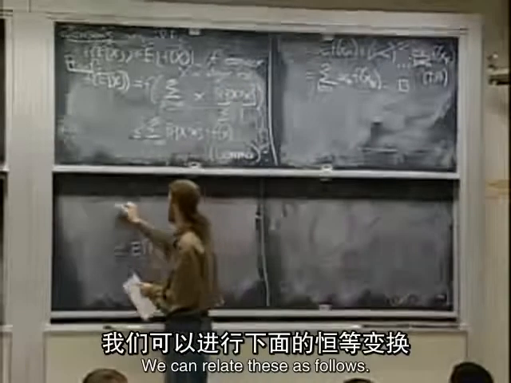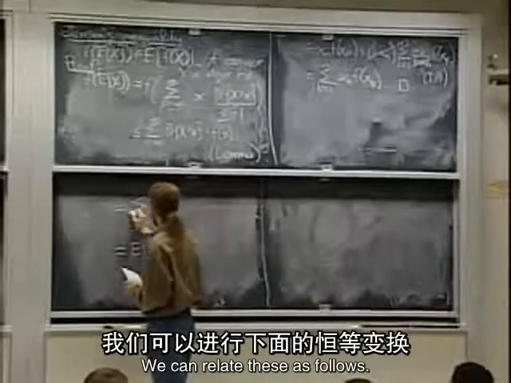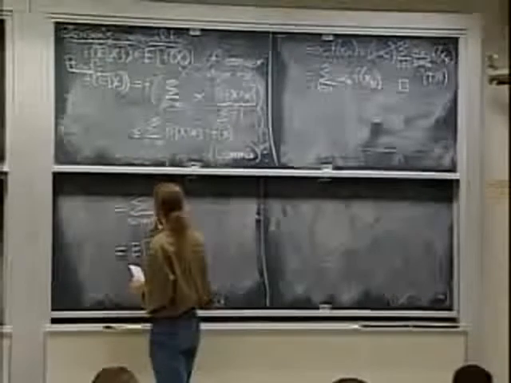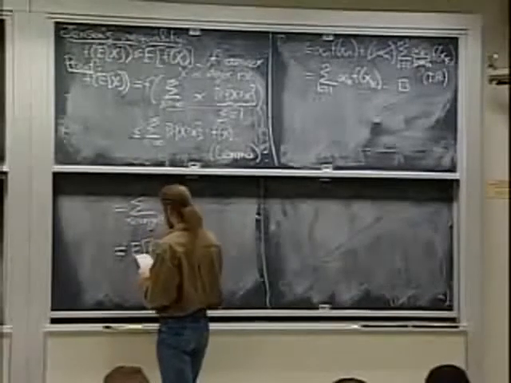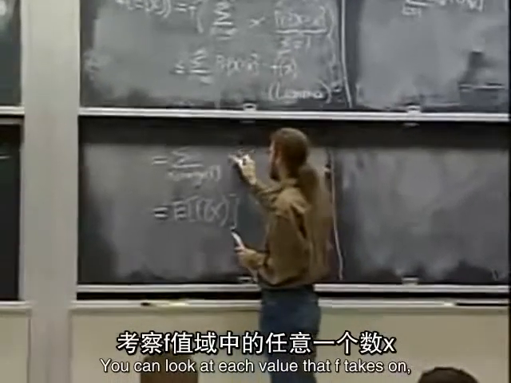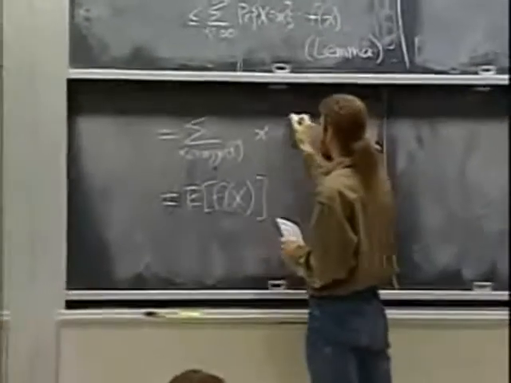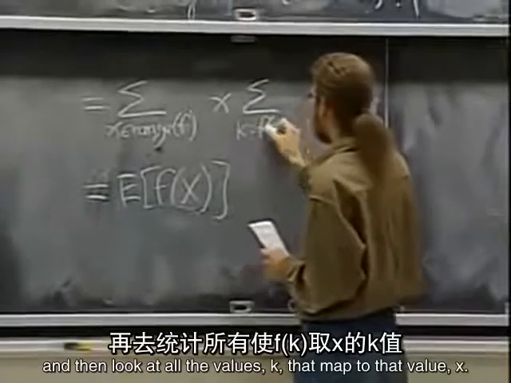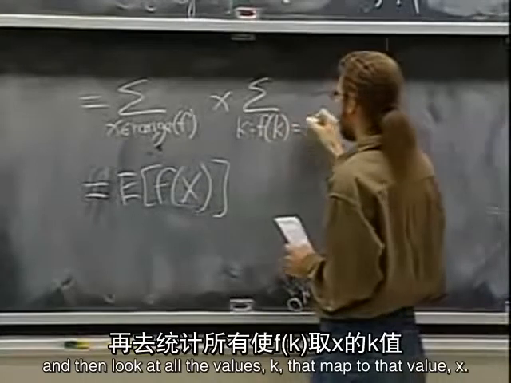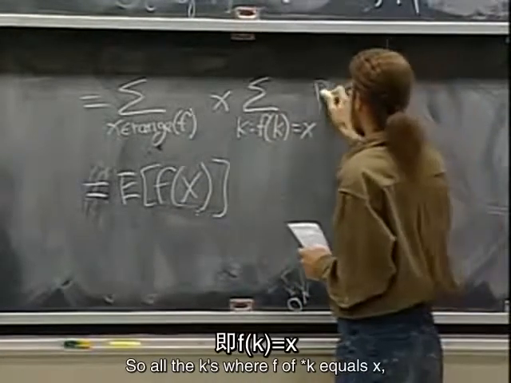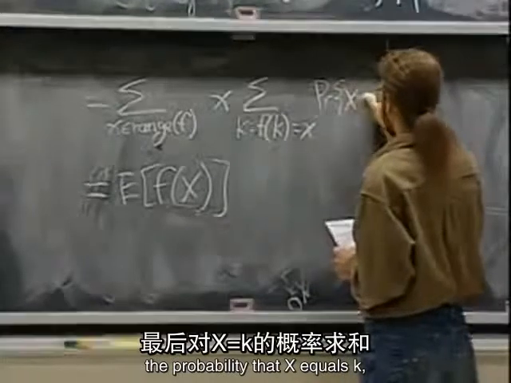We can relate these as follows. Not too hard. You can look at each value that f takes on, and then look at all the values k that map to that value, so all the k's where f of k equals that value, the probability that X equals k.